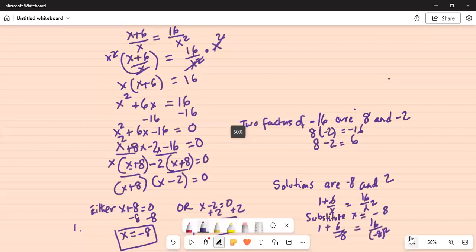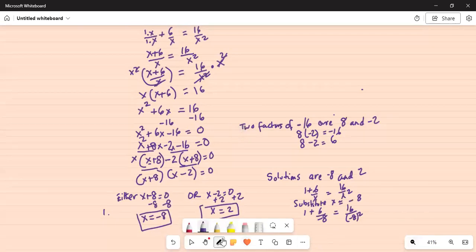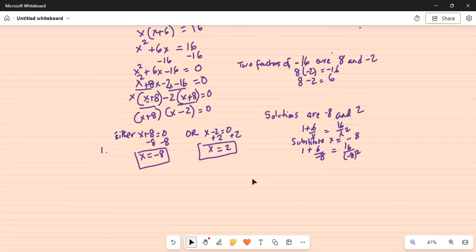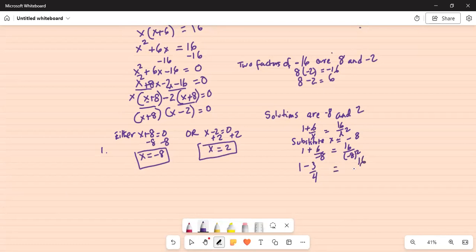This becomes 1, plus and minus is a minus, 6 over 8 is 3 over 4, and 16 divided by minus 8 times minus 8 is 64.